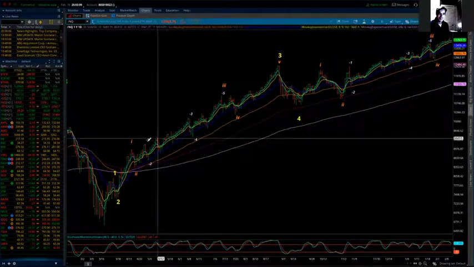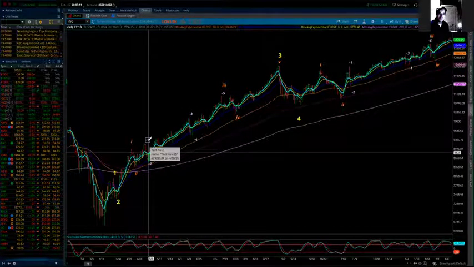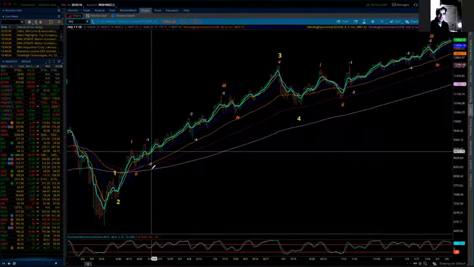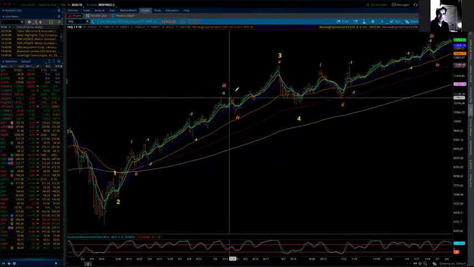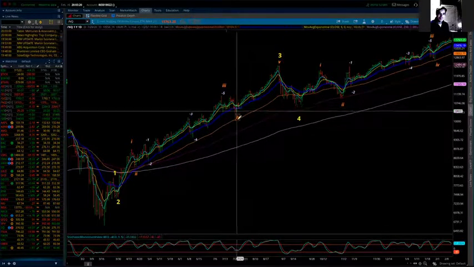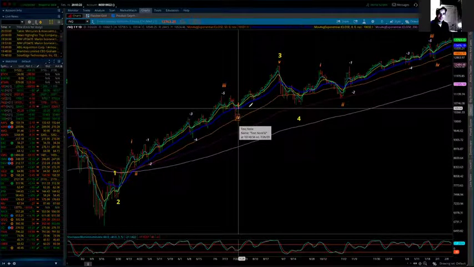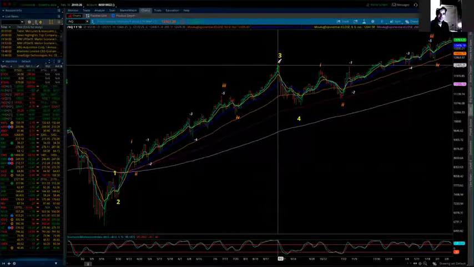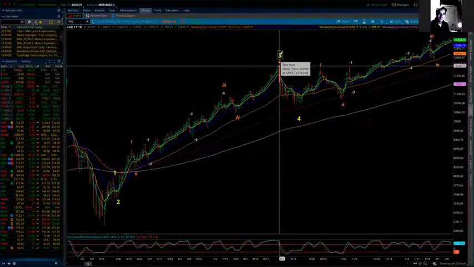Wave 3 I counted out as subwaves, and we have 1, 2, 3, 4, 5 to finish the third, a 4th wave correction, and an additional 1, 2, 3, 4, 5 to finish the 5th wave, and in turn, the intermediate wave 3.